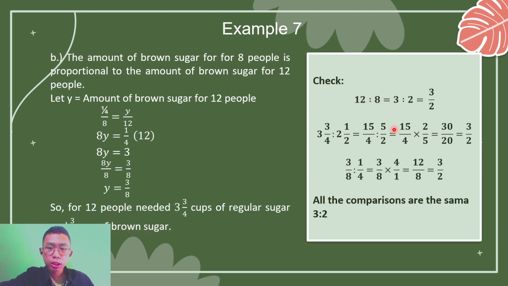So we check the value: 12 to 8 is 3 to 2, so equals 3 per 2. 3 and 3 per 4 divided by 2 and a half is 15 per 4 divided by 5 per 2, which equals 5 per 4, so we multiply by 2 per 5, which equals 30 per 20, so 3 per 2, and the comparison is the same.